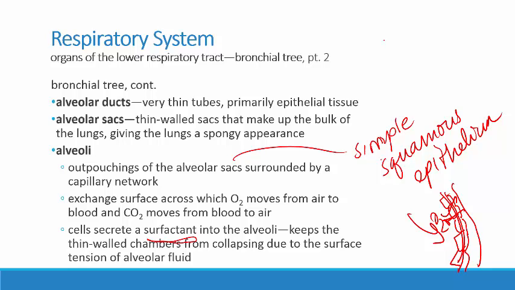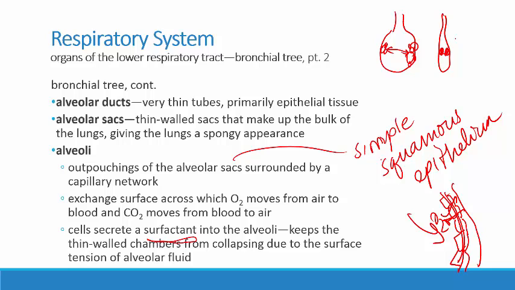If we didn't have that surfactant, then water molecules here would be very attractive to water molecules on the opposite side. So we would have an attraction between these two water molecules, and that would cause the alveolus to collapse so that the water molecules could be right next to each other. It would draw the walls of the alveolus inward.